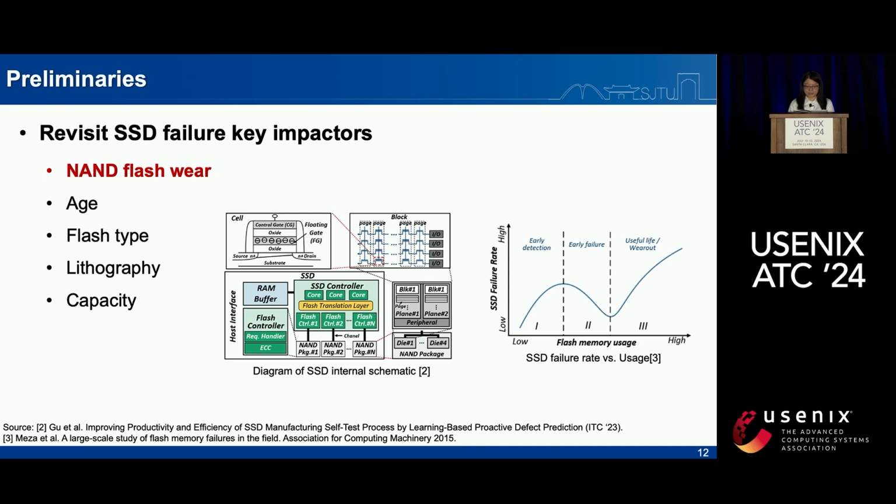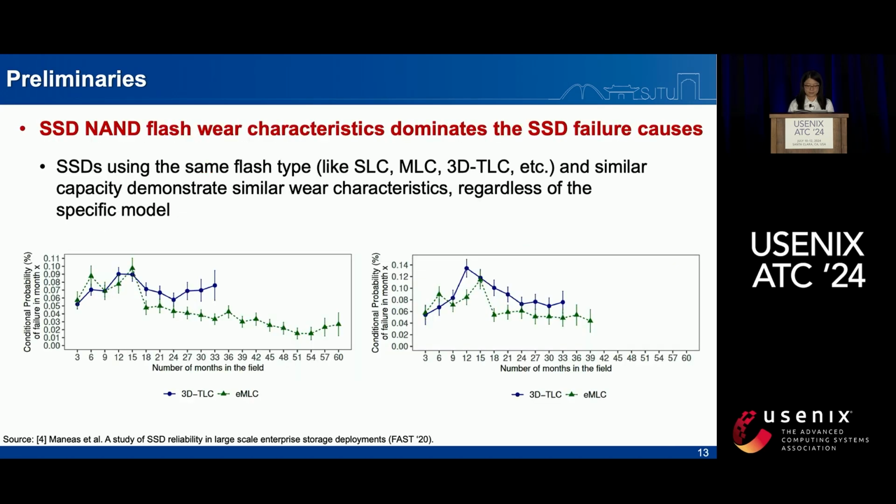From the literature study, we conclude that the key factors impacting SSD reliability are listed here, including the device level, NAND flash wear characteristics, SSD age, flash type, and lithography and capacity. Plus, Meza's team proved that the wear characteristics of the NAND flash are the most crucial factor.